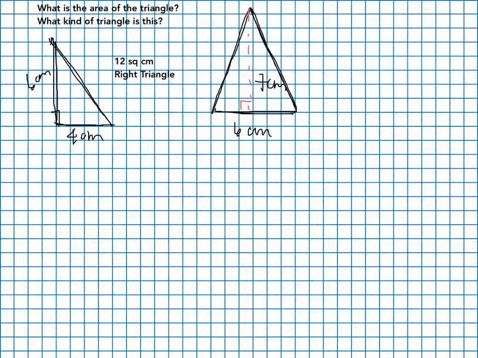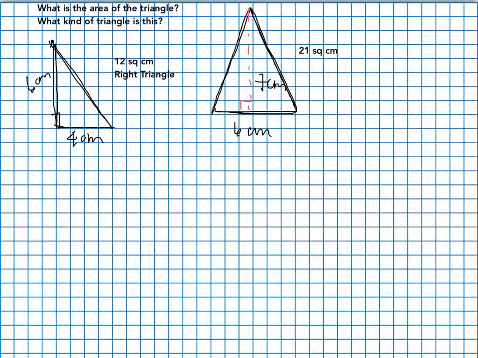Okay, ladies and gentlemen, hopefully you did 1/2 base times height, which is 6 times 7, which is 42 divided by 2, and you came up with 21 square centimeters. And the type of triangle that this is, being all of your angles within this triangle are less than 90 degrees, this is an acute triangle. Hopefully, ladies and gentlemen, you are 2 for 2.